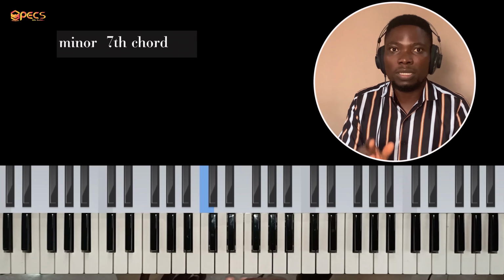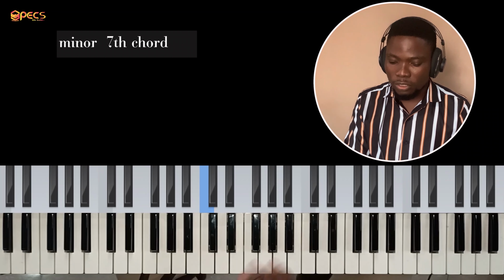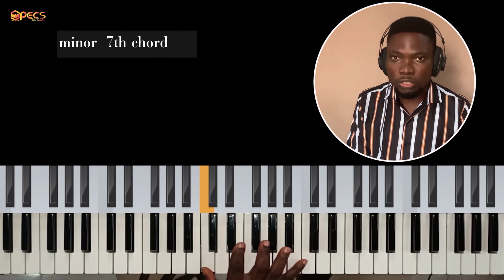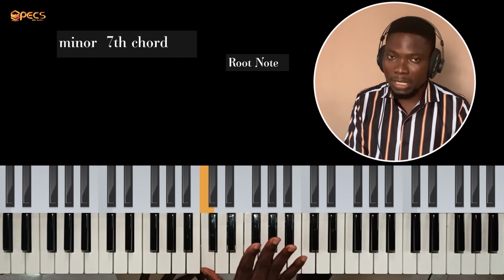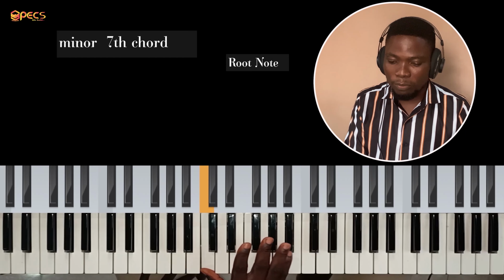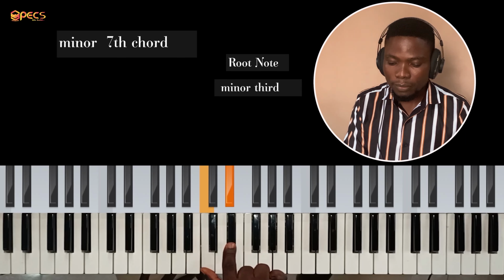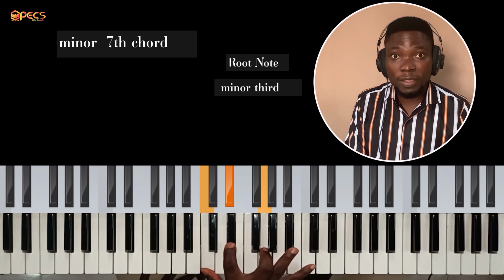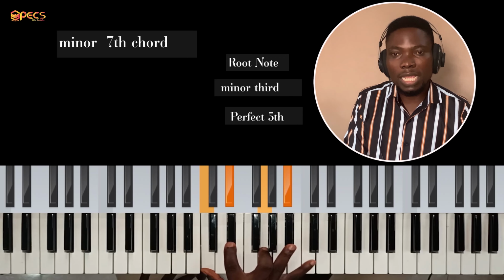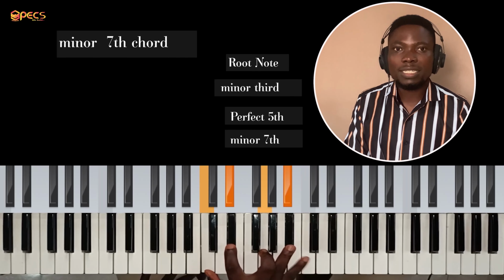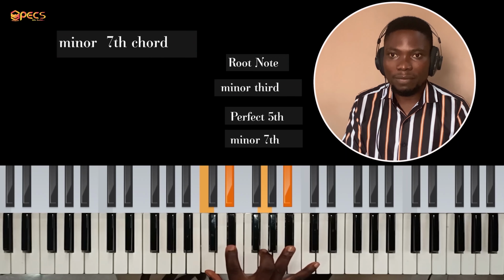So let us quickly build a minor seventh chord. For a minor seventh chord, you need the root, which is C. You can use any key. I will show you some examples before I finish this tutorial. You need a minor third. Now you still need a perfect fifth, and you need what? A minor seventh. So this is C minor seventh.